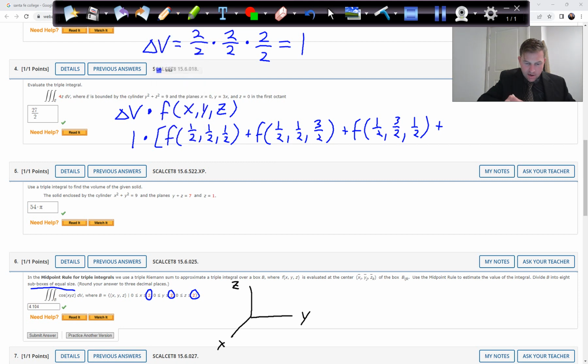Okay, the entire box is going to be 2, 2, and 2. So here is the box. But then we're going to slice that into 8 equal chunks.